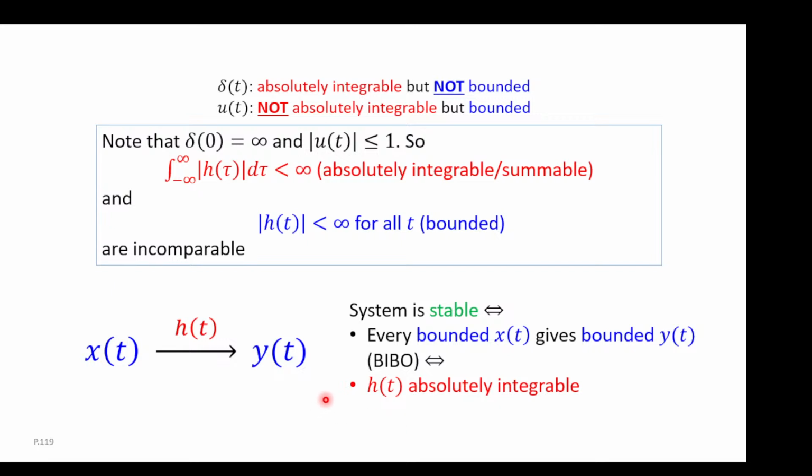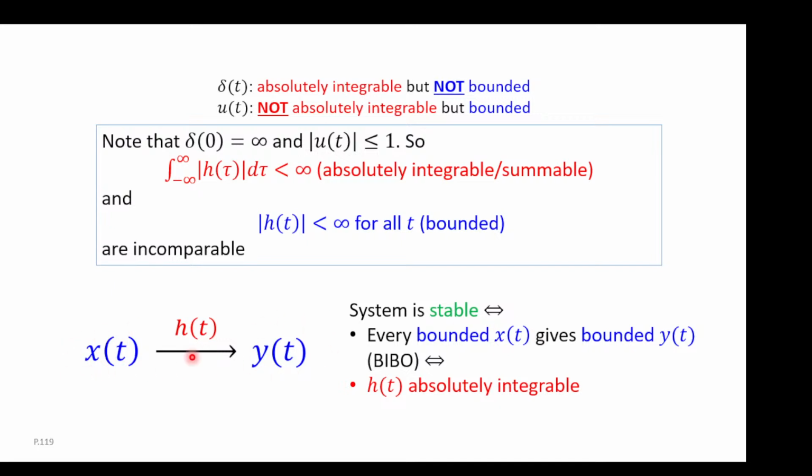Our system schematically looks like this, an LTI system. You have some input x and some output y, and the system is described by h of t here. We have two definitions of stable. First, we say the system is stable if and only if it's BIBO, meaning every bounded x gives you a bounded y.